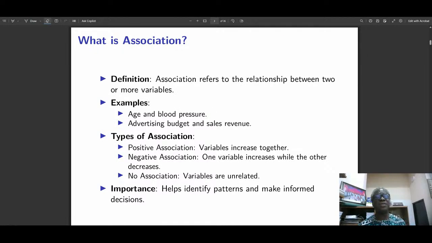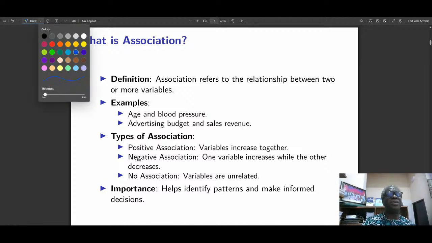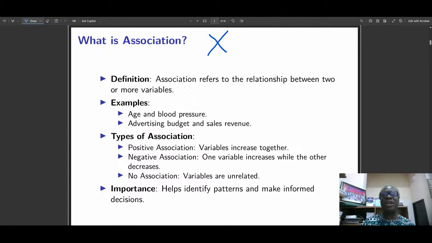So what is association? Whenever we refer to association, we are talking about relationship between two variables. Generally, we normally start with two variables. So let's say you have variable x, variable y.